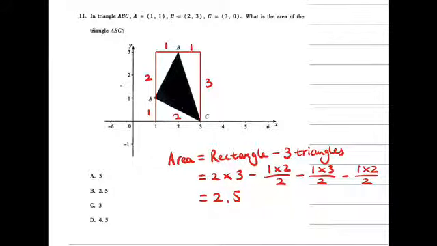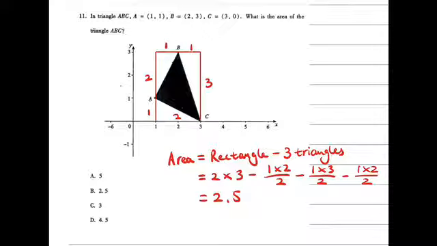Let's go to question 11. Because this time it is drawn on the coordinate plane, it will be easier if we complete a rectangle around the triangle and use the rectangle to subtract the area of the 3 little triangles to solve the big triangle. It will be pretty easy.